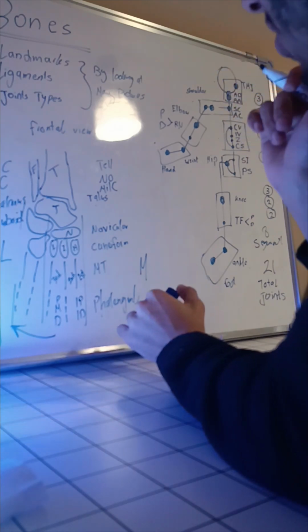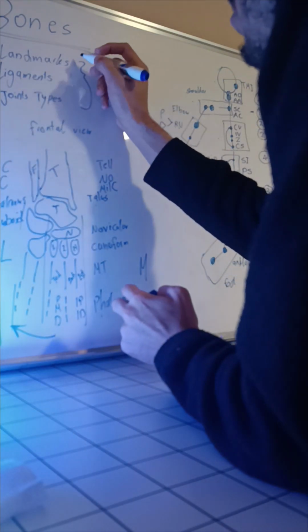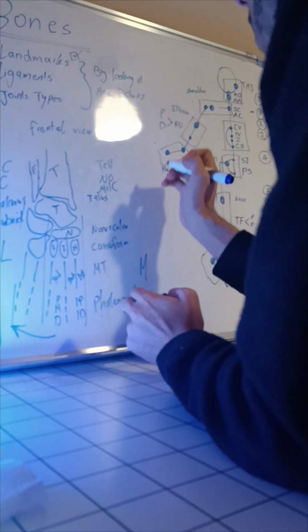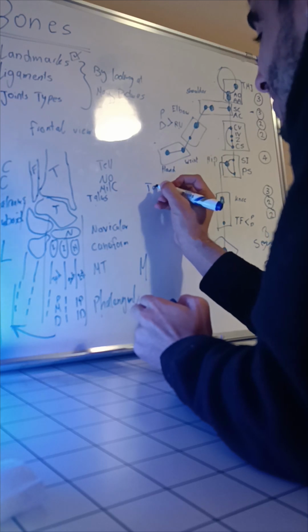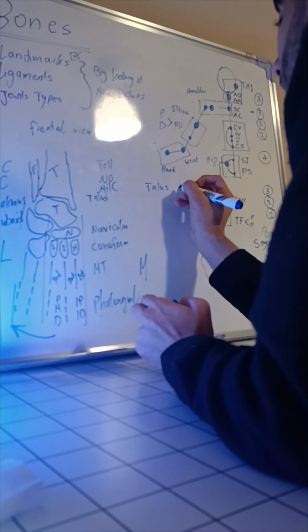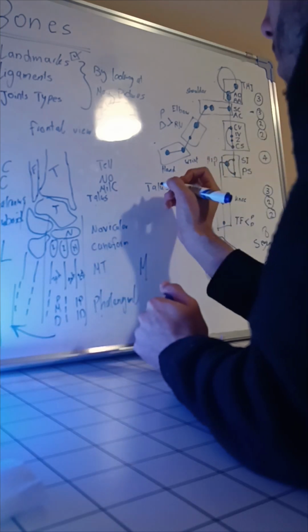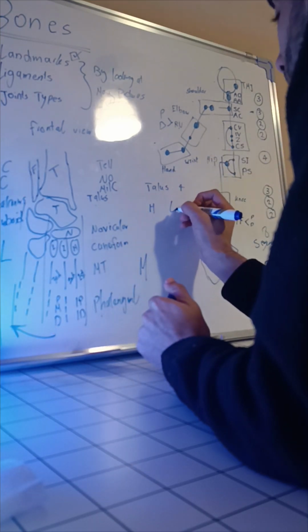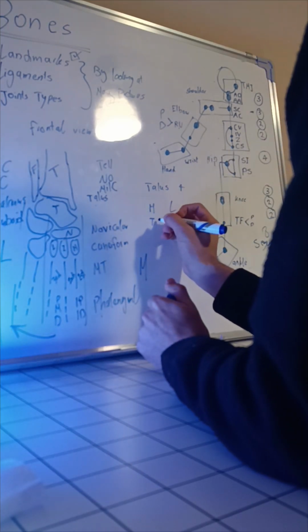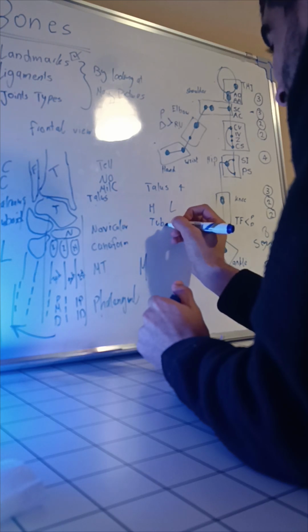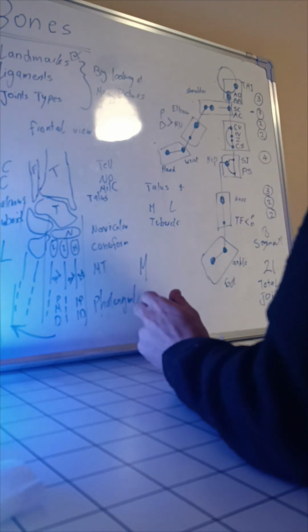So for the bony landmarks, in order to check this part, the talus has landmarks. So there is the medial and lateral tuberosity, tubercle. What else?